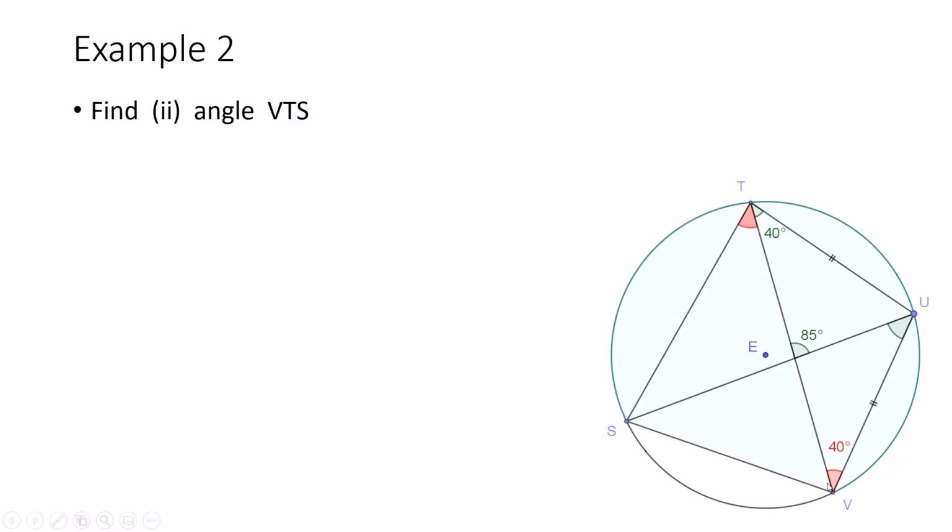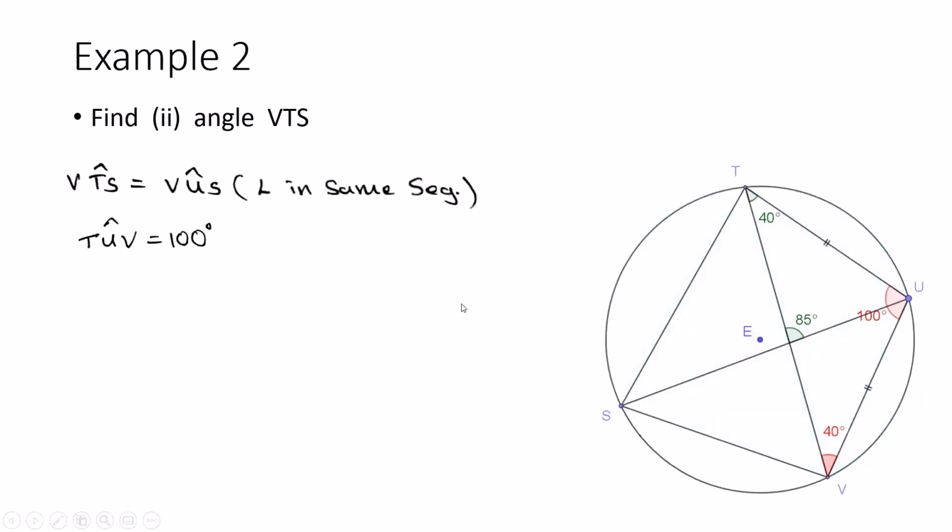So if we look at this triangle, TVU, it is an isosceles triangle. We know already these two angles there for T. So we first find TUV, which is 100. So we know that TUV is equal to 100. We also know that from this triangle, TU and this point, we have two angles, 40 and 85.